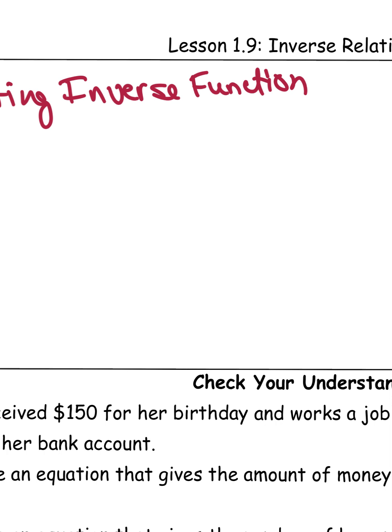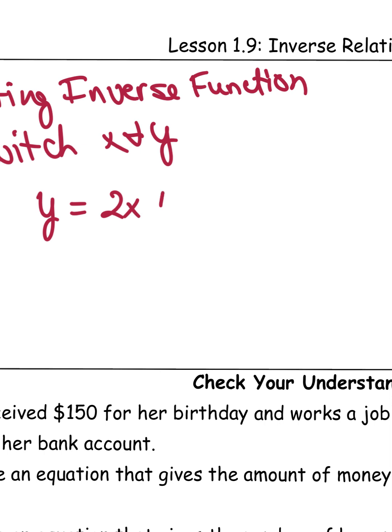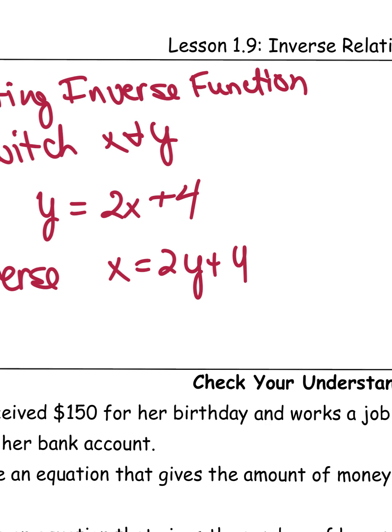So here you do the same thing. I want you to just switch the x and y's. So if you have an example of y equals 2x plus 4, all I want you to do to find the inverse is to do x equals 2y plus 4. Subtract the 4, divide by the 2, and you have the inverse.